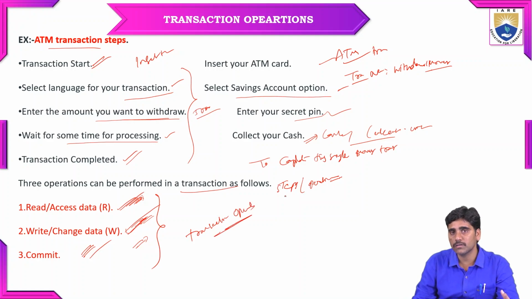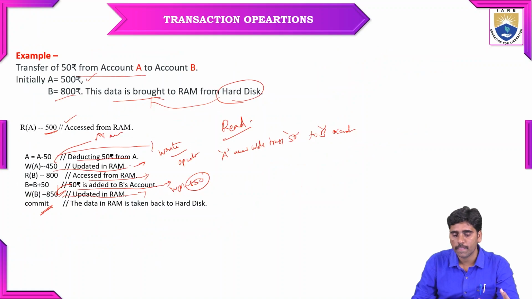To perform all the transaction operations, we can use read, write and commit operations. Another example is a money transfer, an online transfer from account A to account B. Whenever it is deducted or added, the read and write operations are performed automatically.